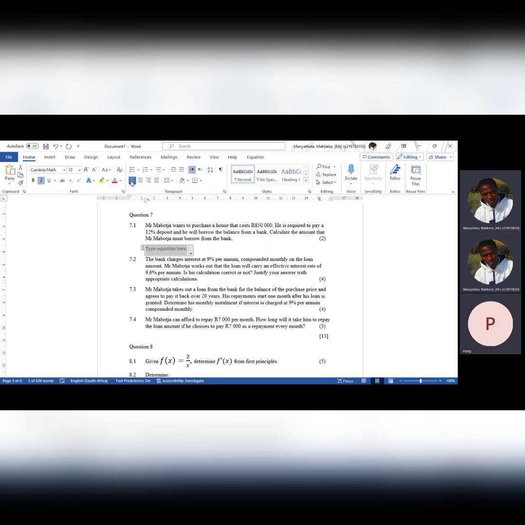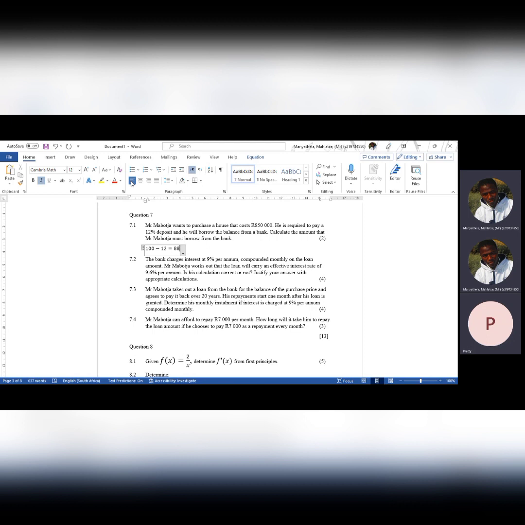Yes. So we are going to subtract the deposit percentage from 100%. We are having a 12% deposit, right? So we'll say 100 subtract that 12%. It's 88.